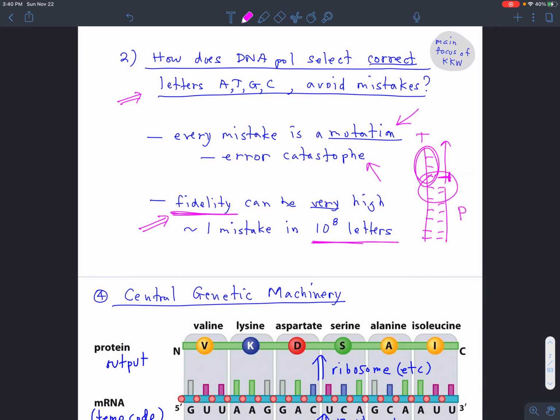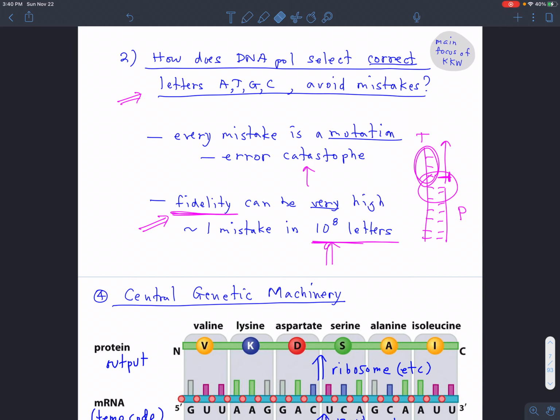And that's not surprising from a functional point of view, right? If you want to avoid error catastrophe, and if your genome has 100 million residues in it, most don't. I mean, even bacterial genomes, which are pretty small, have 3 or 4 million base pairs. But even so, the fact that it can reach 100 million, E. coli's polymerases can reach fidelity of 10 to the 8th, that means E. coli doesn't want any mistakes when it's copying itself.